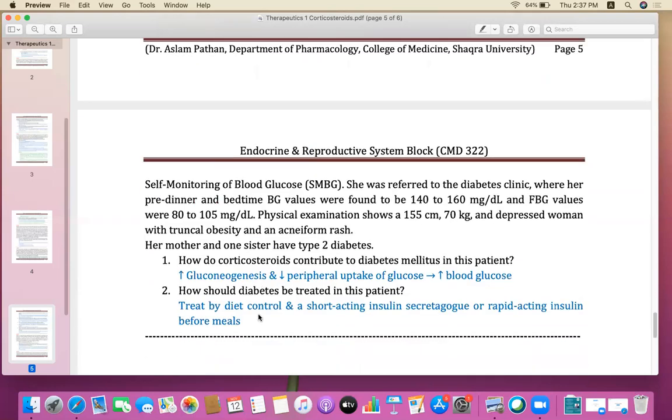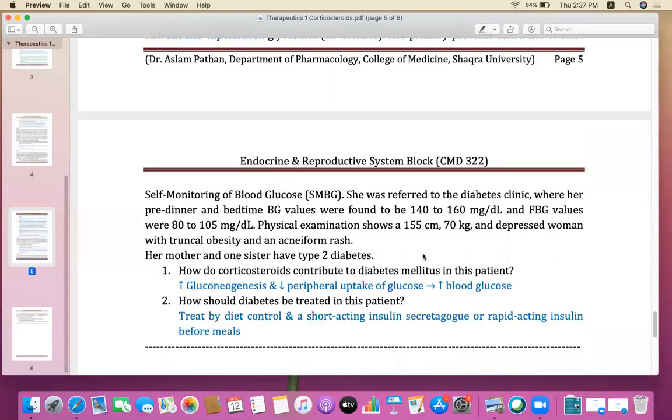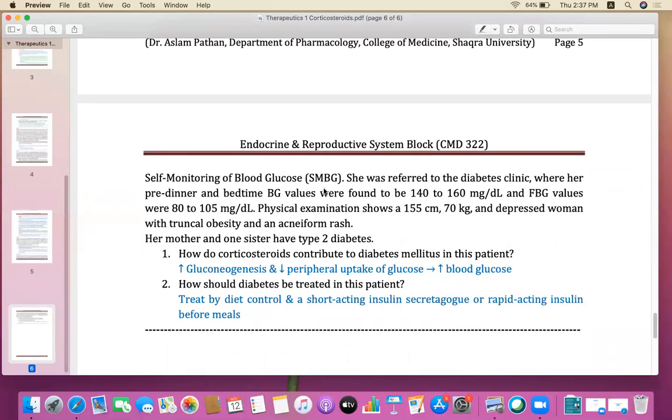And the last case. A 37-year-old obese woman with systemic lupus erythematosus has been taking 60 milligram per day of prednisone for 6 months. During this period, her weight has increased by 14 kg and she is experiencing glycosuria, meaning glucose in the urine. Her primary care physician asked her to start self-monitoring blood glucose.